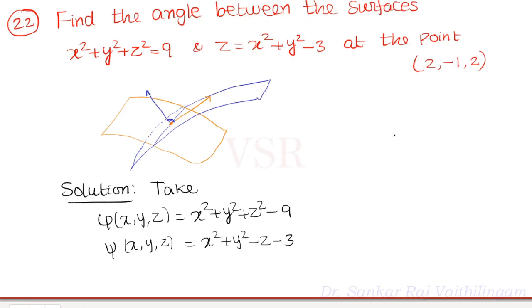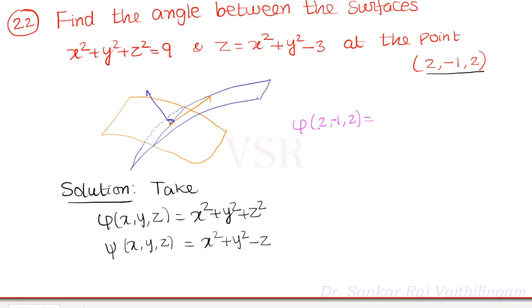Now let's check the value. What I am writing is phi of 2, minus 1, 2. I don't want the constant here. Then minus 3 should equal 3.